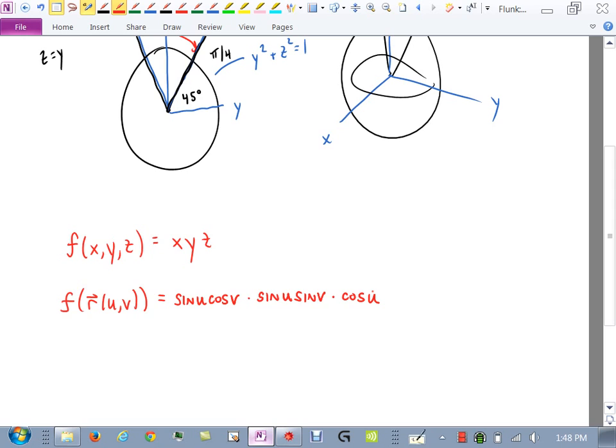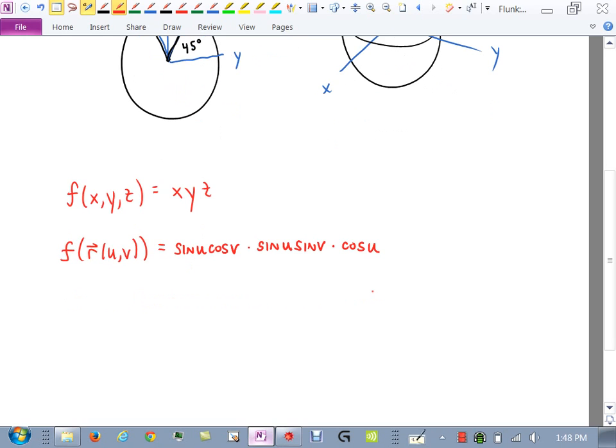What else do we need in order to figure out this integral? Magnitude of the cross product of the partials, right? I need that. Do you think I'm actually going to take time to do that? We actually did that before, didn't we? Last class, weren't we asked to find something about the unit sphere, and we had to do the partials and the cross product?